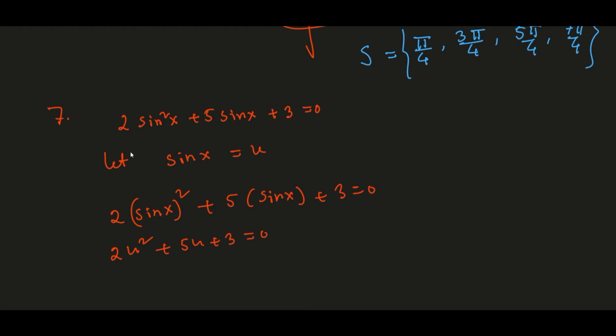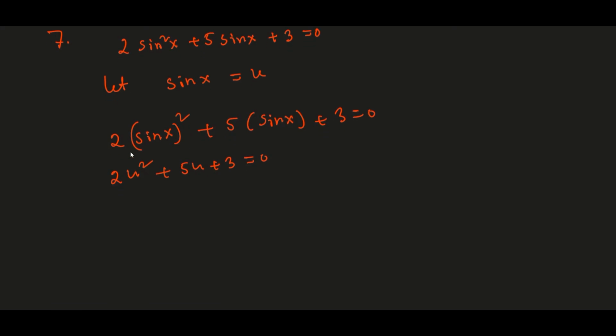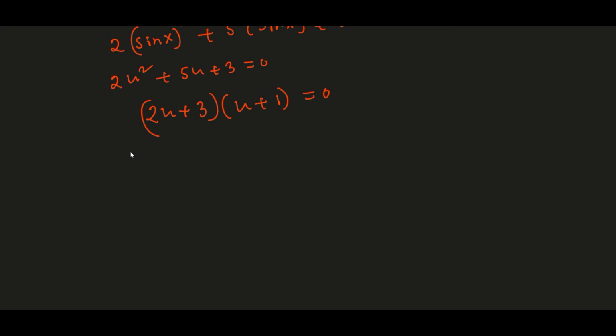Then it is a very usual form of a quadratic equation which can be solved easily using factoring or many other methods. We can write the factors like this: (2u plus 3) times (u plus 1) equals 0. And then, as we have learned in college algebra, we equate each factor to 0. So 2u plus 3 equals 0, or u plus 1 equals 0.